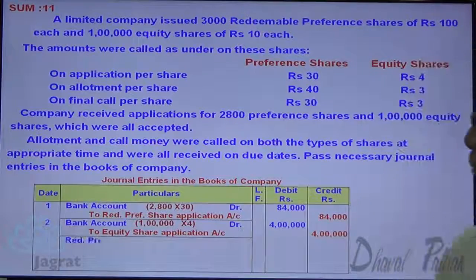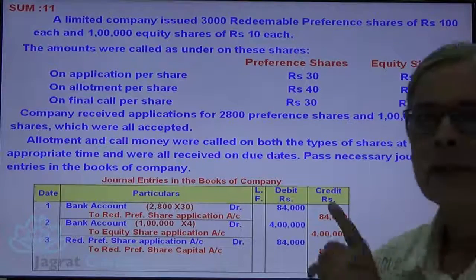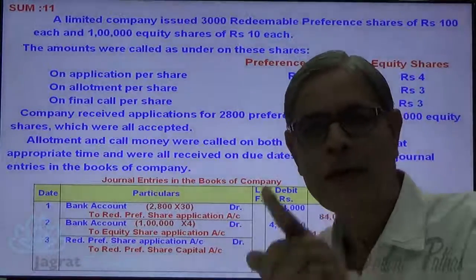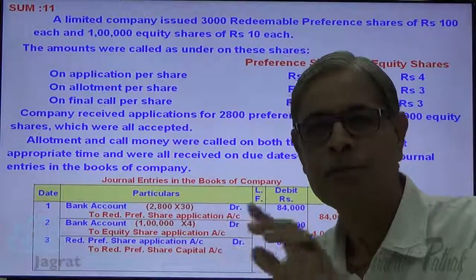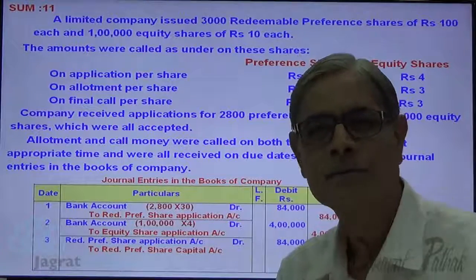Observe it. Redeemable preference application account debit 84,000 to redeemable preference capital account credit 84,000. Now, the resolution passed for allotment of preference shares and the resolution passed for allotment of equity shares should be separate.